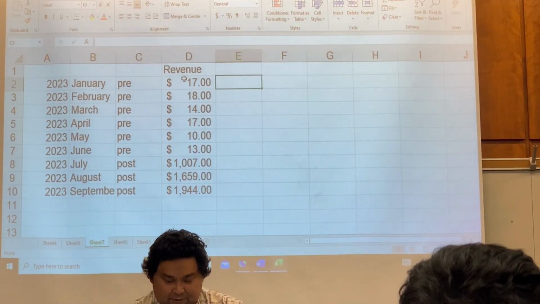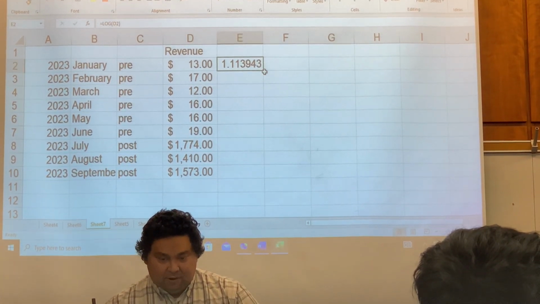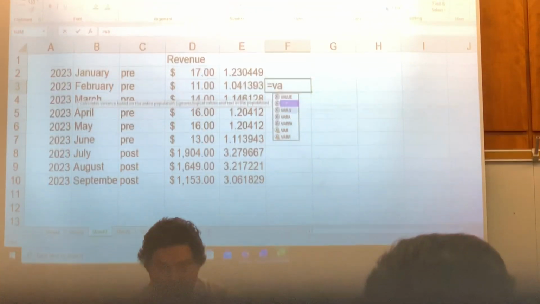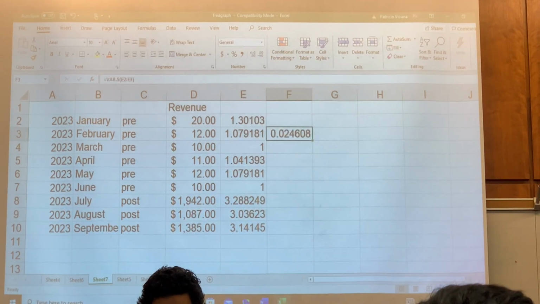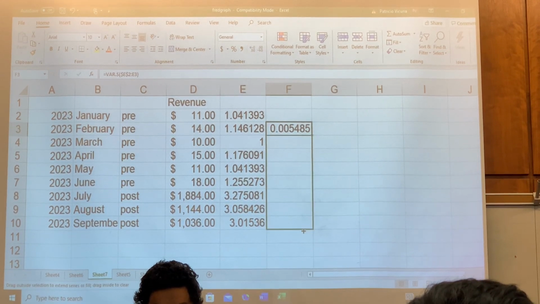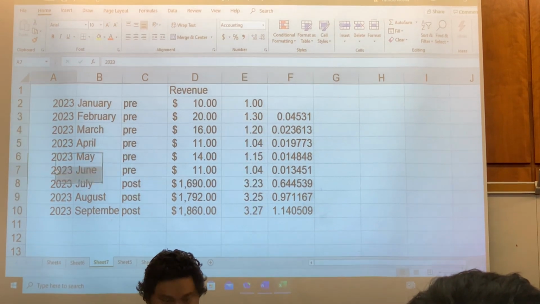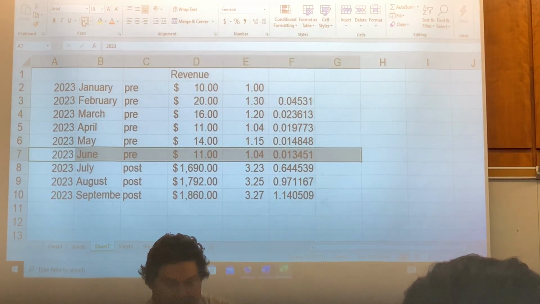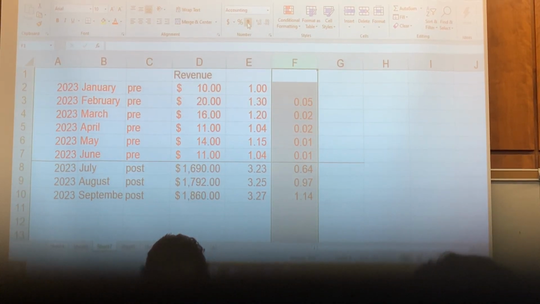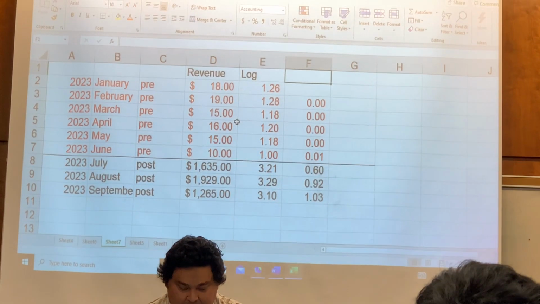I will calculate here the logarithm of everything, and here I will calculate the variance. So I will fix this, and I drag down this. This is the logarithm, and this is the variance.